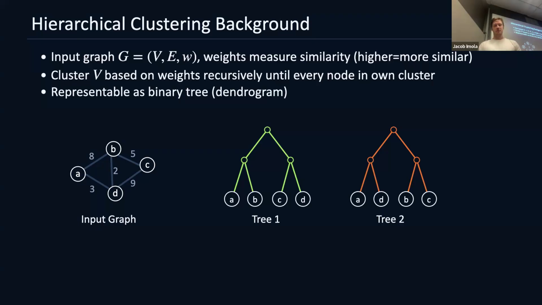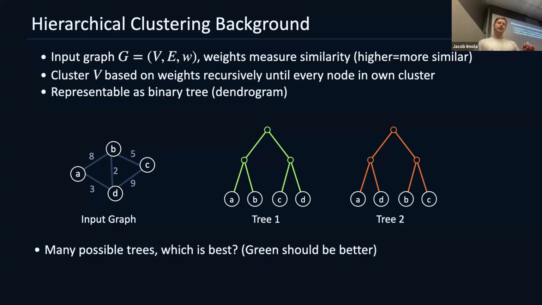And why should we prefer the first tree? Because it cuts the edges of weight 3, 2, and 5, which is much less weight than what the other tree makes on its highest level cut. So that's the optimization question: we want to cut the low weight edges with our highest level cuts.